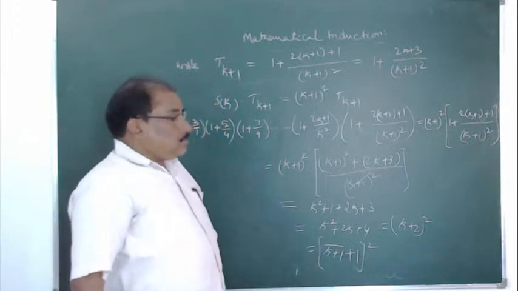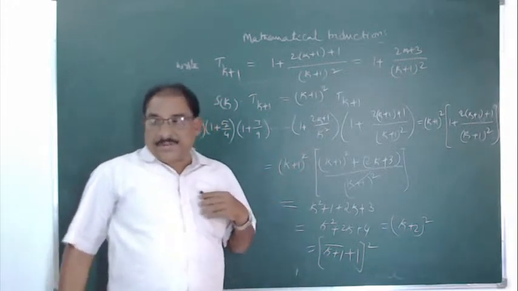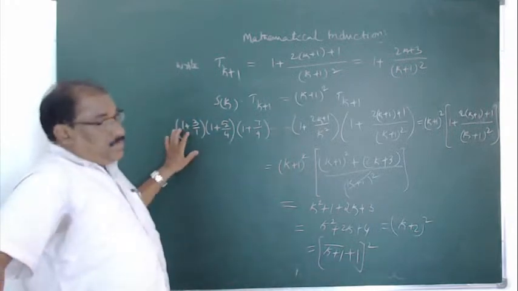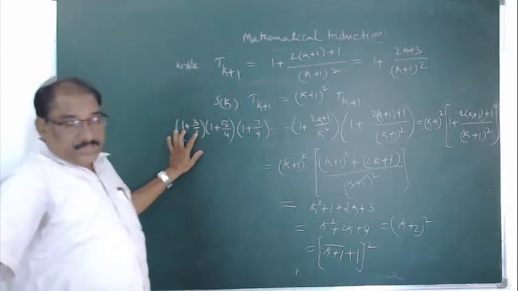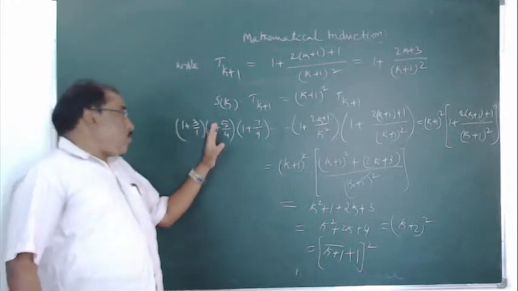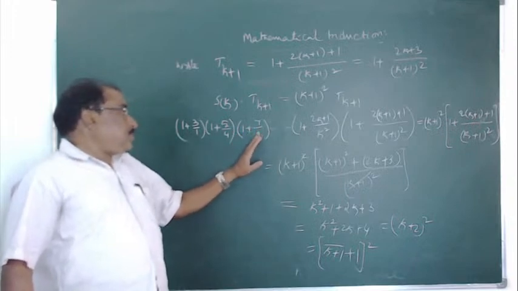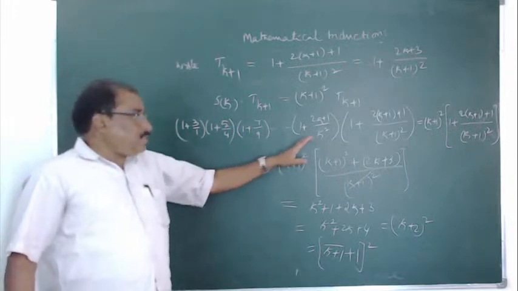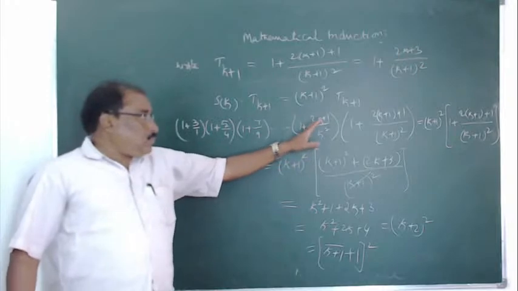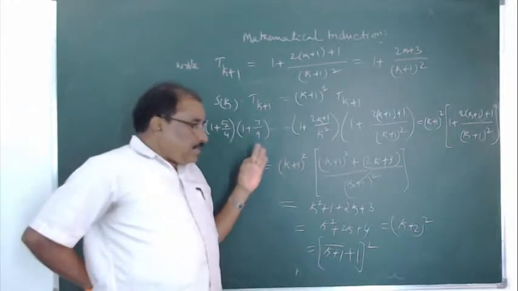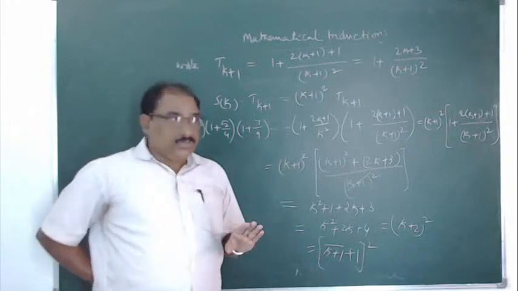Okay. What is the given statement? The given statement is 1 plus 3 by 1 into 1 plus 5 by 4 into 1 plus 7 by 9 and so on, 1 plus 2n plus 1 by n square is equal to n plus 1 whole square.